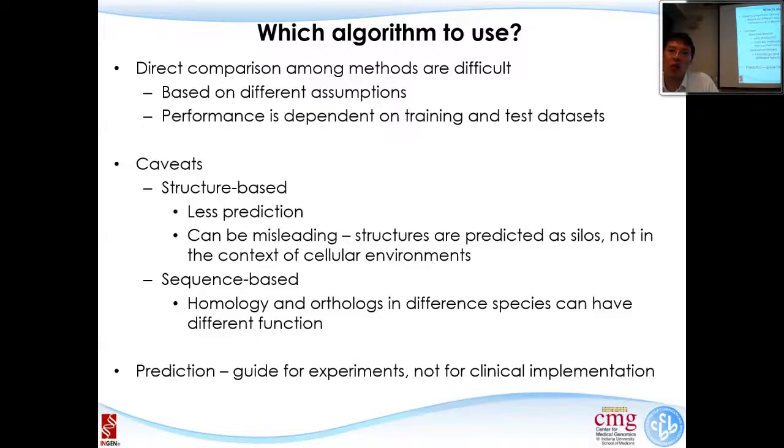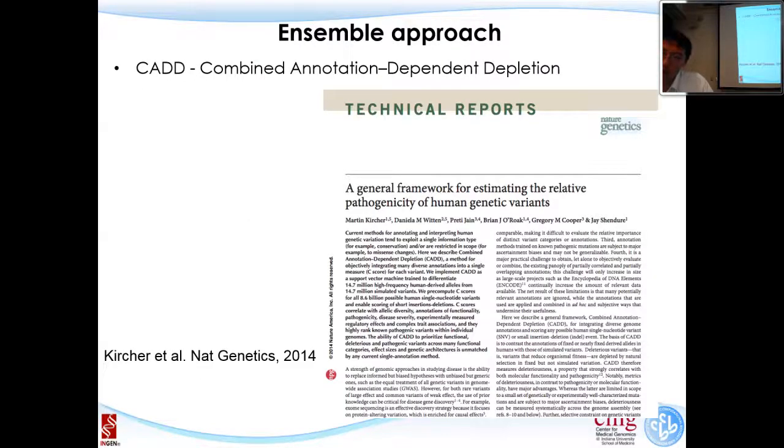So what that gives you is simply a hypothesis that you can test. You can make animals or cell line models and use CRISPR to change that mutation to see whether the phenotype of the cell or the behavior of the animals changes or not. So those are, again, a research tool. It cannot be used in the clinical settings.